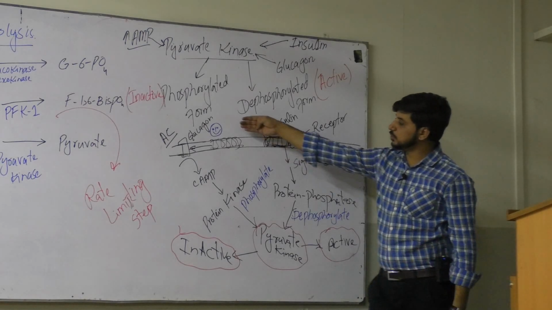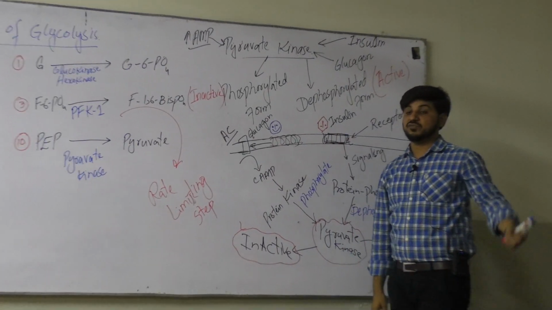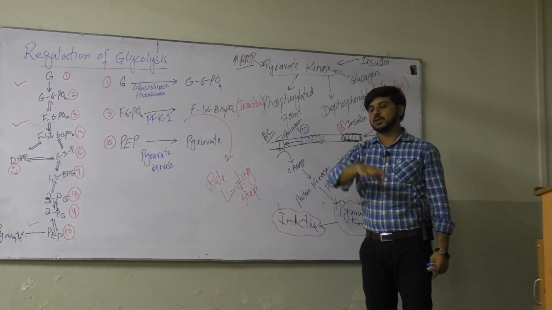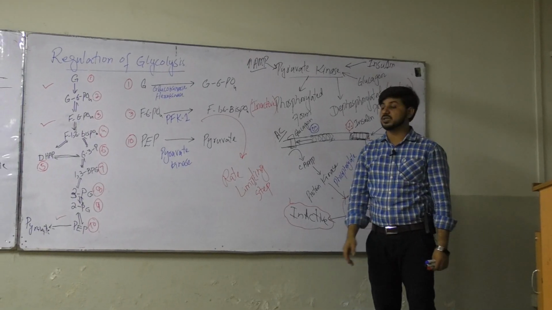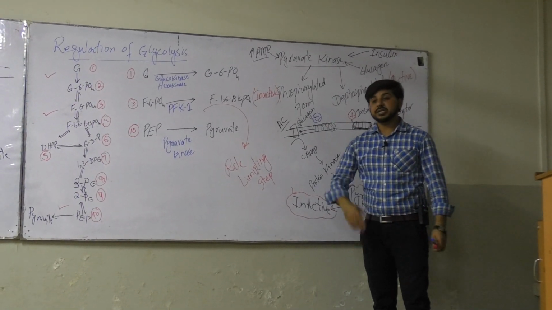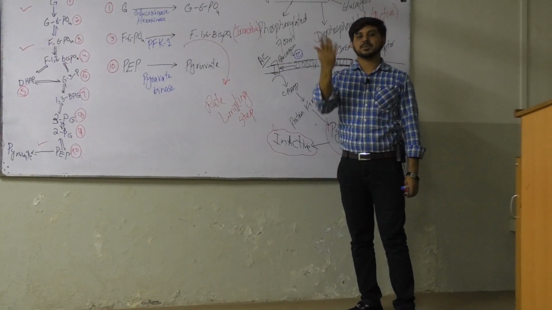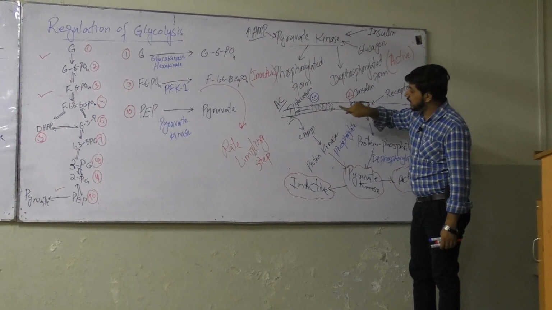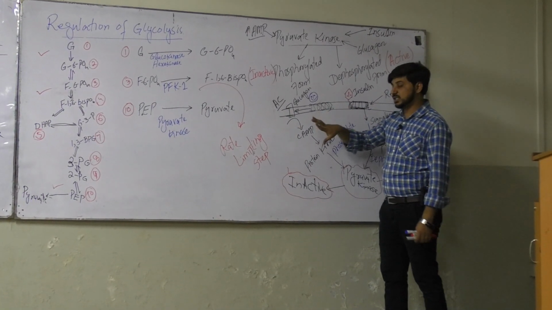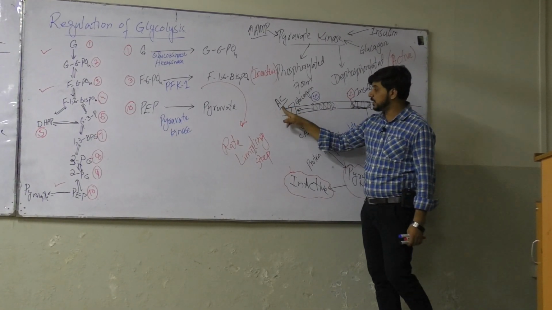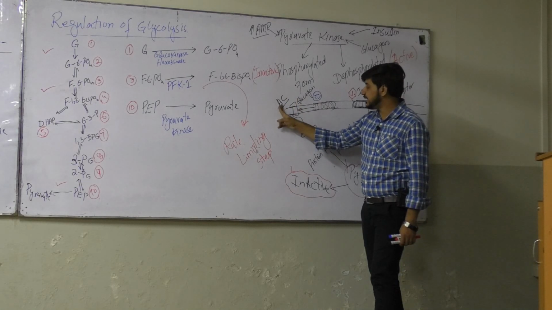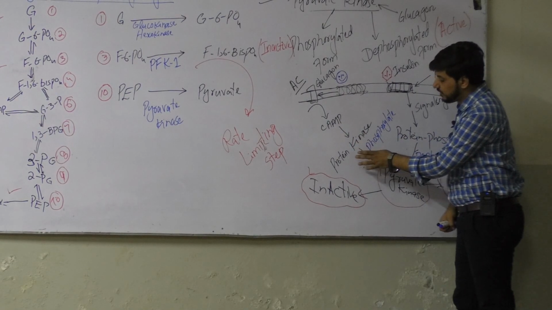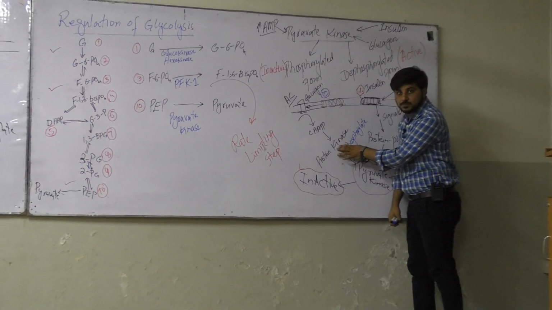But when comes the glucagon or epinephrine, which means we already have a lower concentration of glucose in our blood, at that time we need to increase the glucose concentration. So this glucagon will become attached to the receptor, and with the help of this receptor and G protein, it will activate another enzyme, adenylate cyclase. This adenylate cyclase will form cyclic AMP, and this cyclic AMP will activate another enzyme which we name protein kinase.